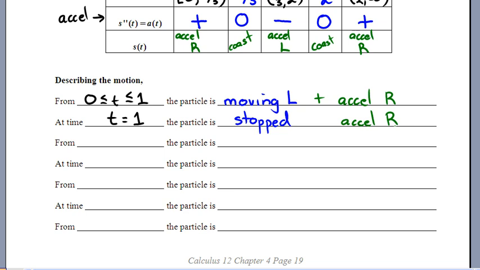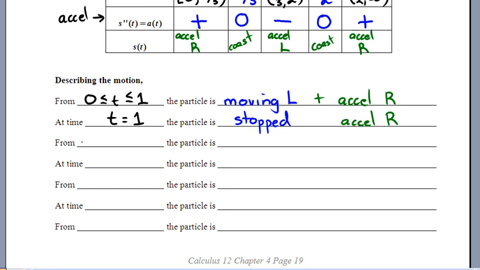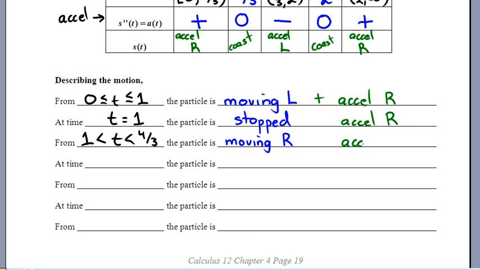So of course it's only a matter of time before you start moving to the right, and that's going to happen for this whole time window from after 1 up until 4/3. One thing is happening in the story. Your rocket, if that's what it is, is moving to the right, and we're accelerating to the right. So we're picking up speed.